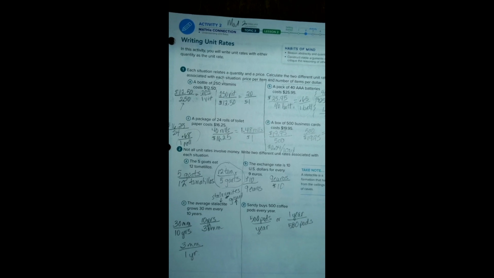And lastly, does it make sense to say that Sandy buys 500 coffee pods per year, or in 1 year it's 500 pods? If we kind of broke that down, well, it would probably be 500 pods per 1 year.